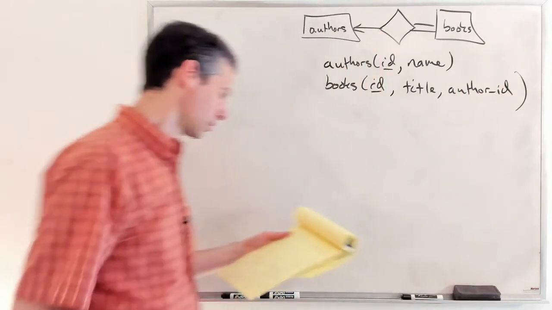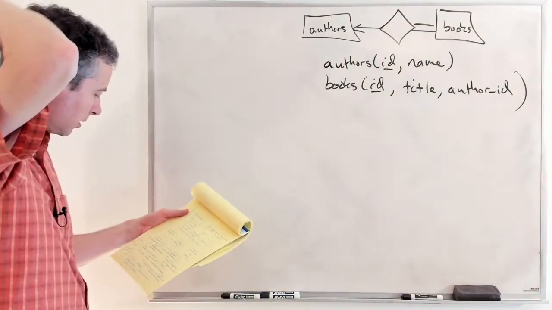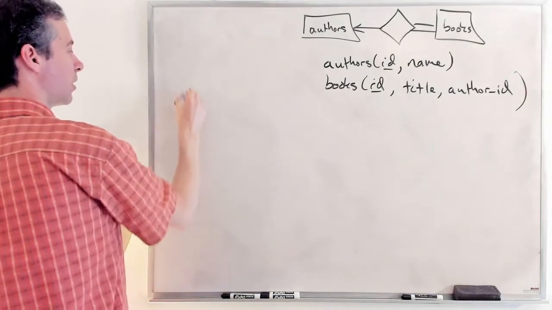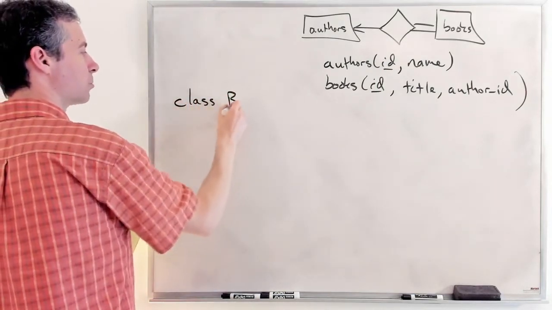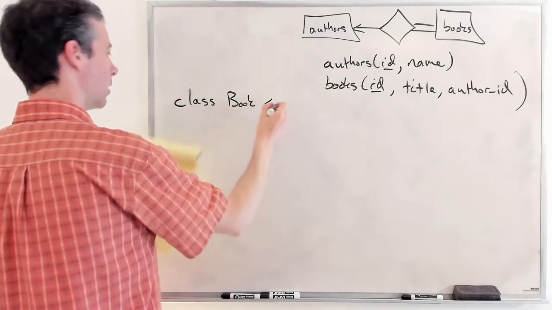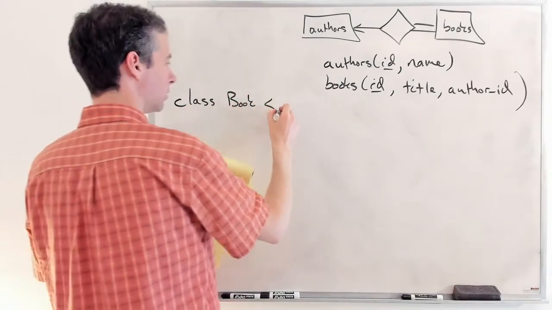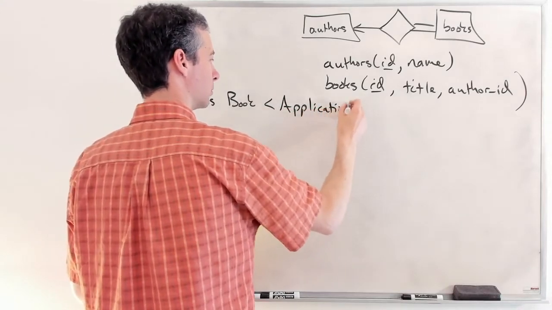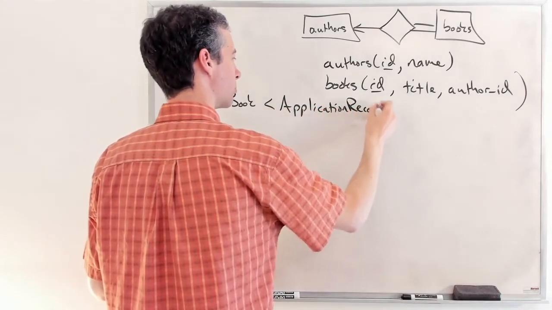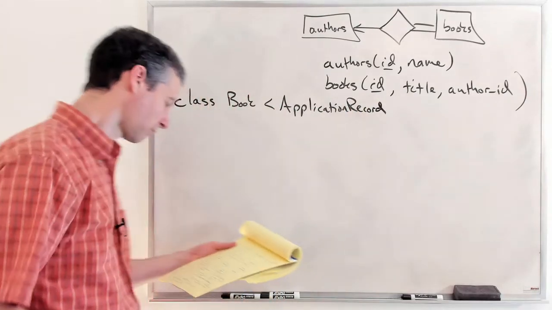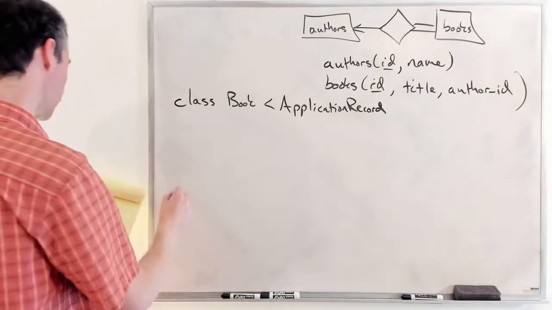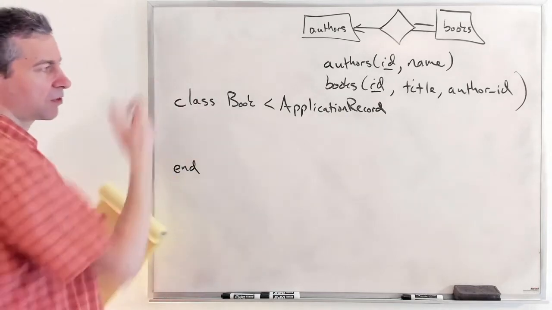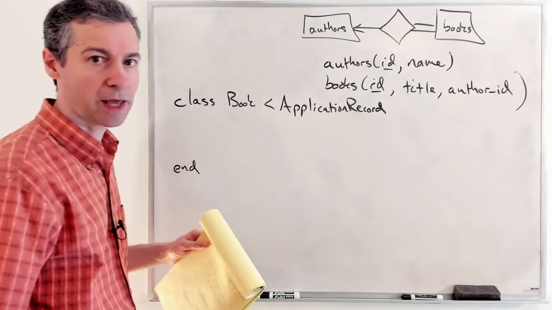All right, so in that setup, we're going to end up with a model for the book. So we're going to have a class Book, and this class, the model, inherits from ApplicationRecord. This sets it up for Active Record. And then before, to date, we've had very simple models, nothing in our model class.